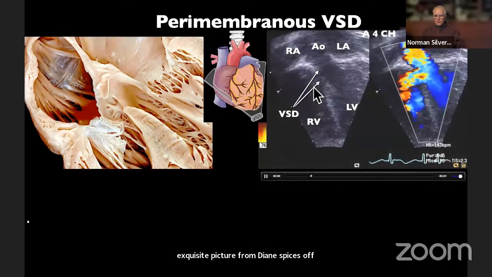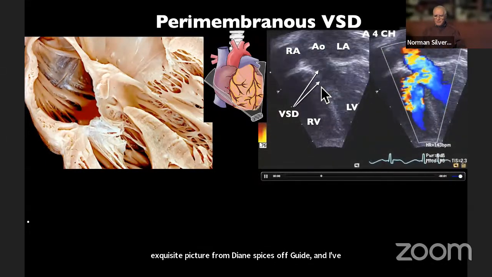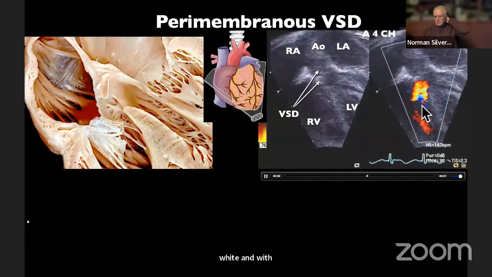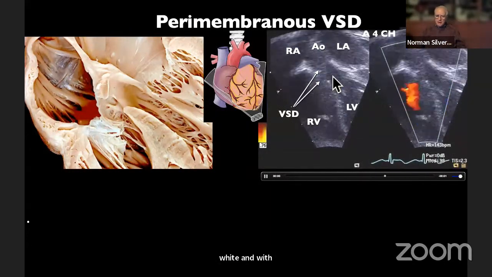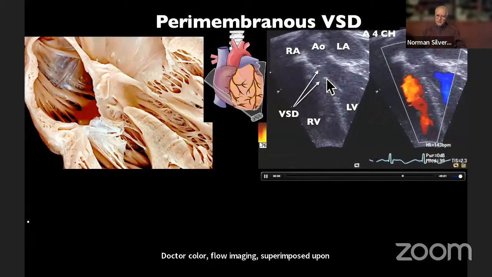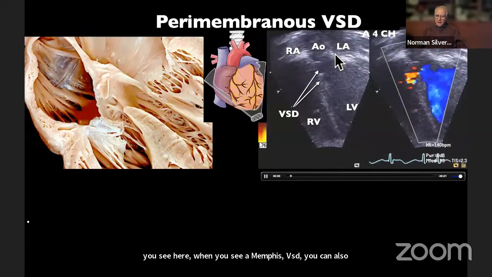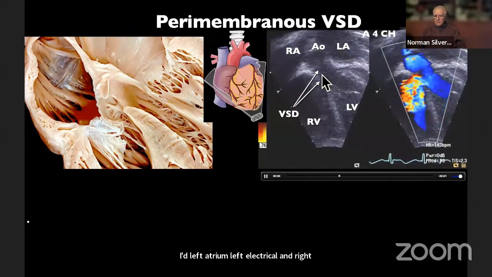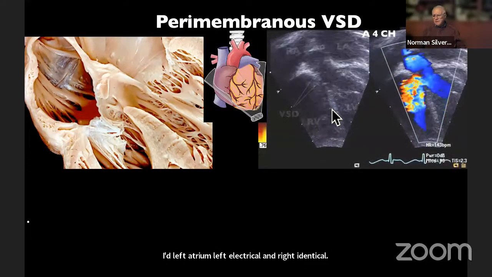And I've matched that with an echocardiogram, both in black and white and with Doppler color flow imaging superimposed upon it. And you see here, when you see a membranous VSD, you can also see the aorta, right and left atrium, left ventricle, and right ventricle. And here are the rims of the ventricular septal defect.